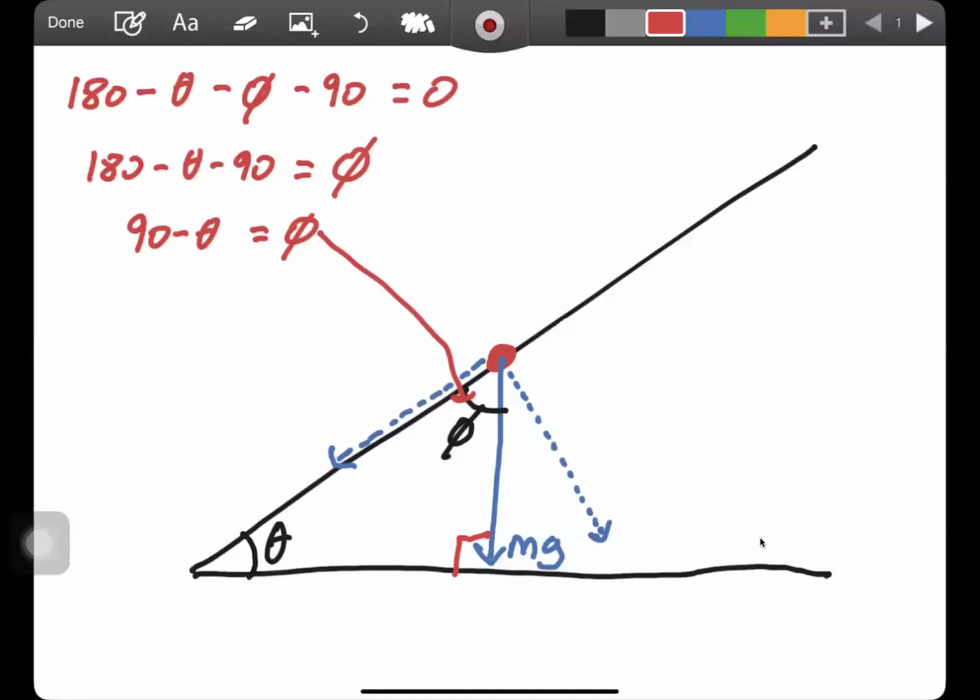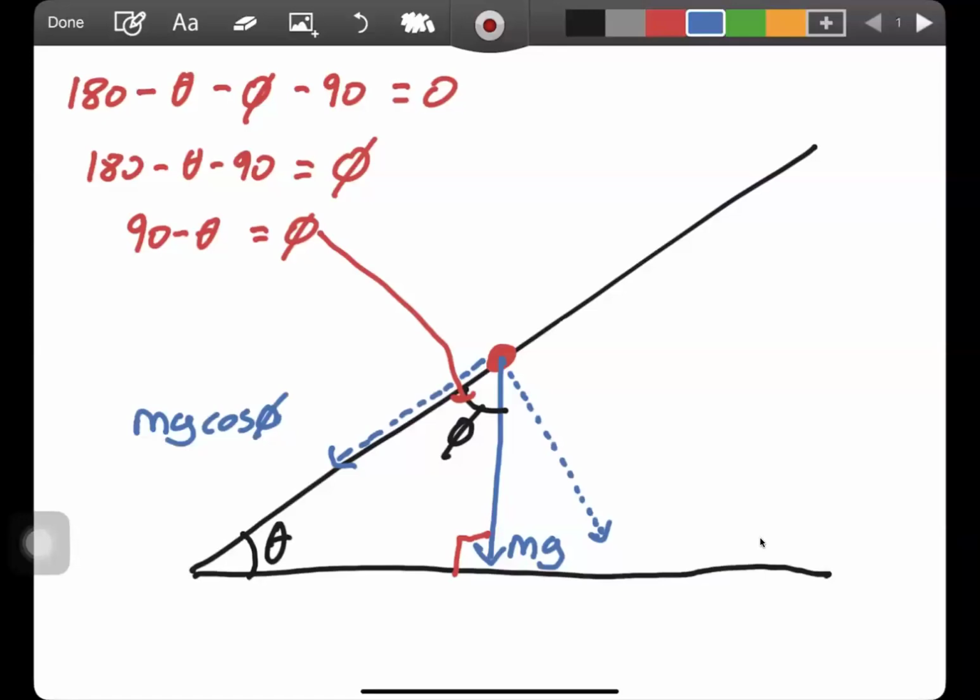So it can be shown with trigonometry that if mg is pointing straight down and that angle phi is 90 minus theta, then it turns out that this component that is in the direction of the incline is going to be mg cosine phi, which again is 90 minus theta.